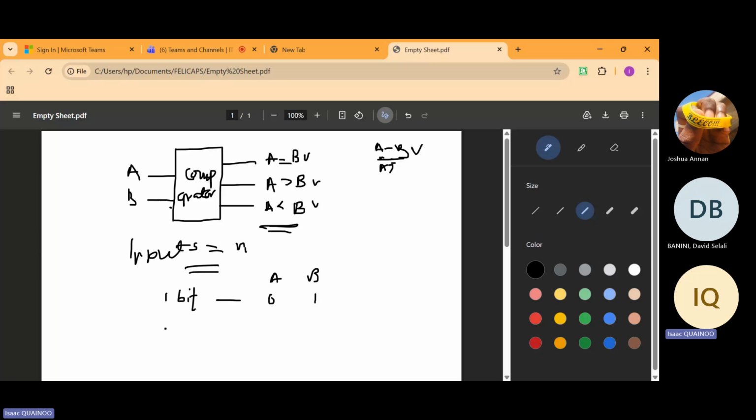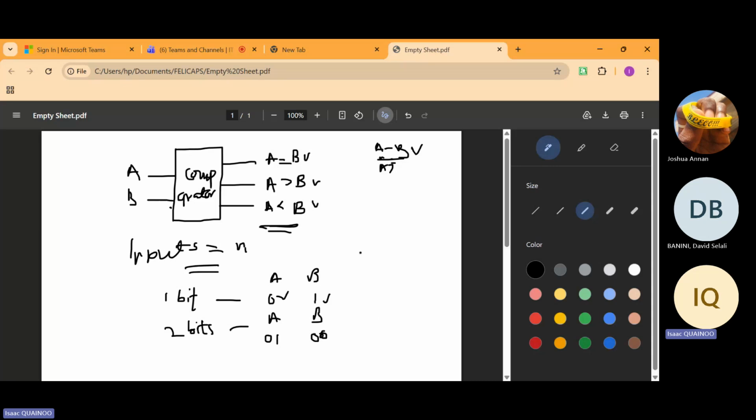And then we have a 2-bit comparator. The function is the same, but its behavior is quite different because it does not compare 1-bit inputs, but rather 2-bit inputs like 0 and 1, 0 and 0, or 1 and 1. Whenever the bits that you are comparing are 1 bit, you use a 1-bit comparator.